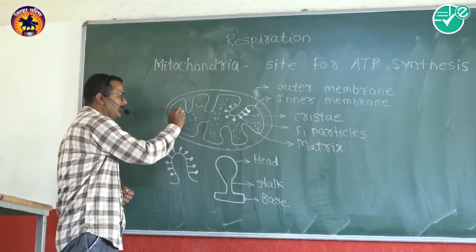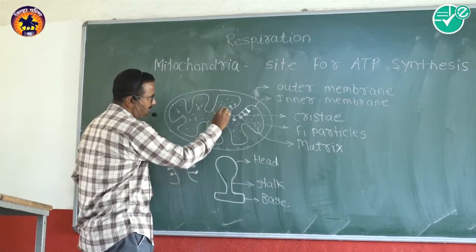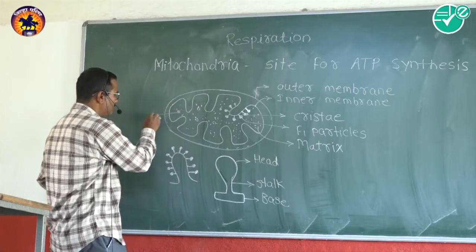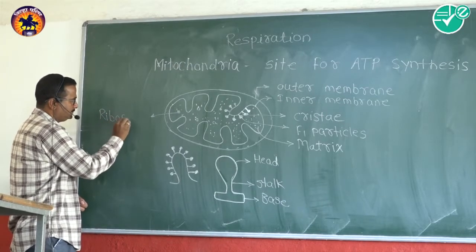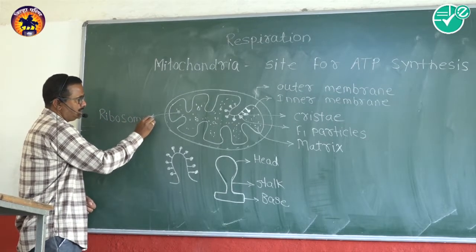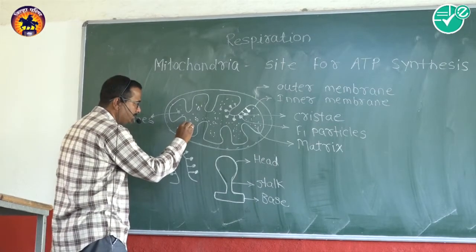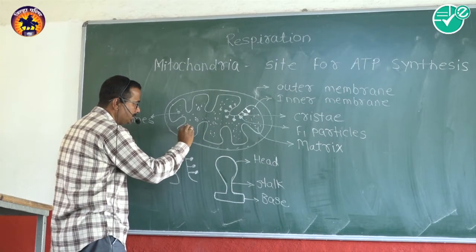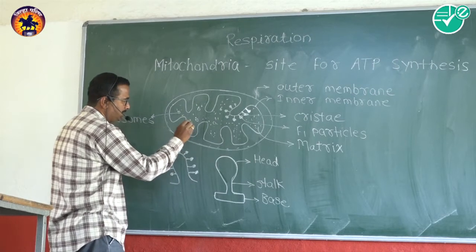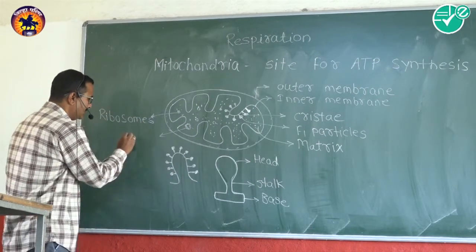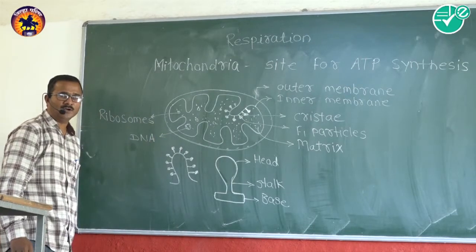Inside the matrix, 70S ribosomes are also present, and circular and coiled DNA is also present in the mitochondria.